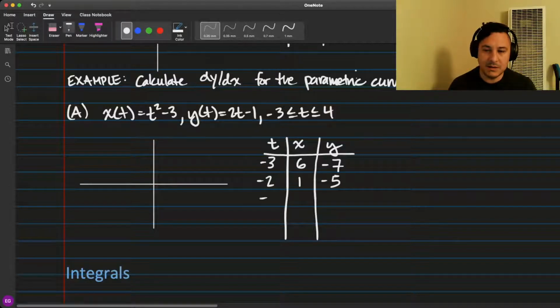Let's plug in negative 1. So negative 1 squared is 1. 1 minus 3 is negative 2. And then if you plug in negative 1 over here, you get negative 2 minus 1, which is negative 3. So if you look at the y values, what's the pattern?